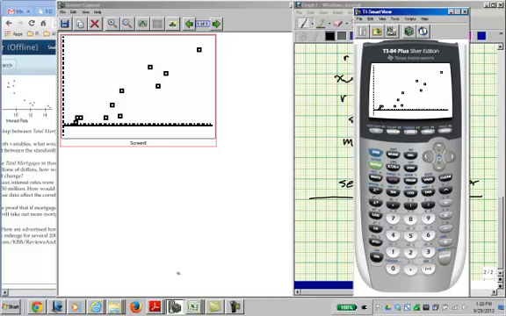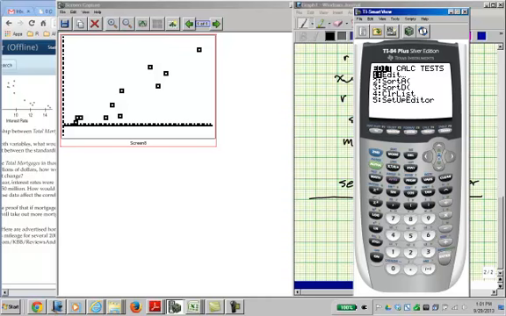But the first thing you're going to do is hit the second key, then the 0 key, and that puts you in the catalog. In the catalog, you're going to arrow down to diagnostic on. Oh, I went too far. Diagnostic on, hit enter, and then enter again. You must turn the diagnostic on in order to see the correlation.